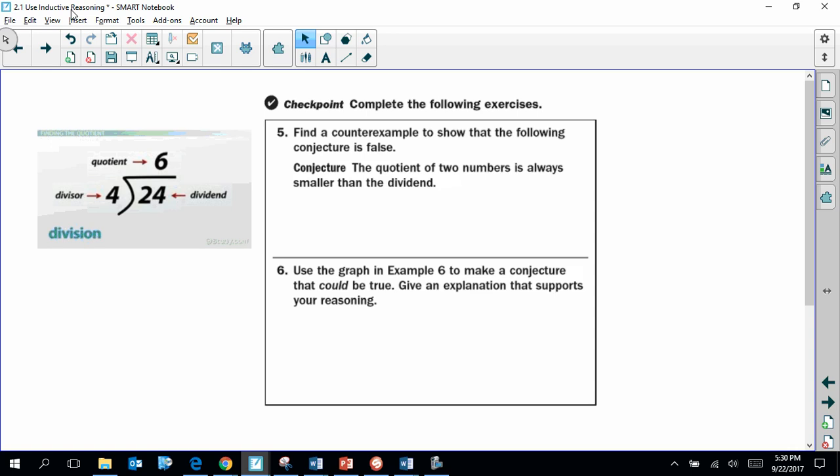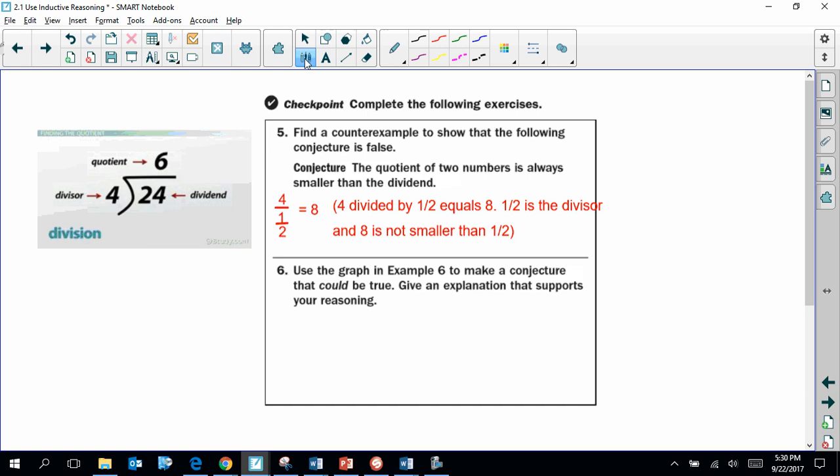So here, the quotient of two numbers is always smaller than the dividend. Well, we want to find a counterexample that would prove that to be false. And on the face of it, it could be a little bit challenging. But if I take a whole number and I divide it by a fraction, well, dividing by a fraction is essentially the same thing as multiplying by the reciprocal.